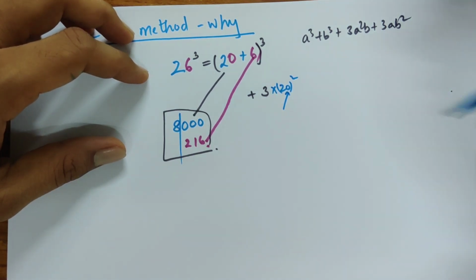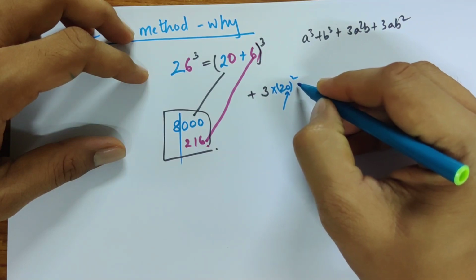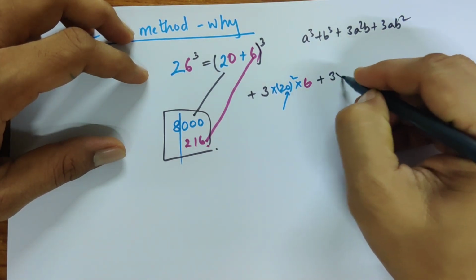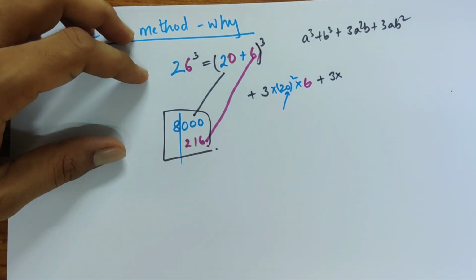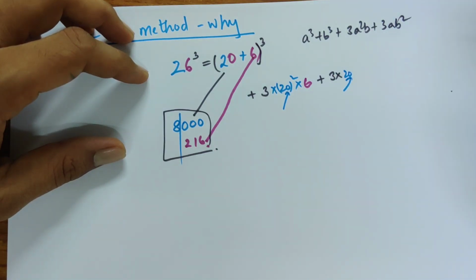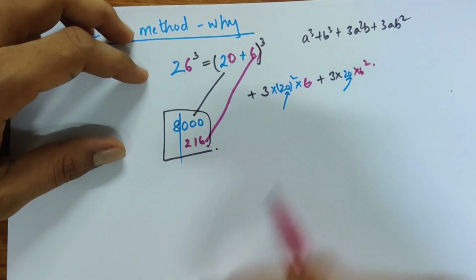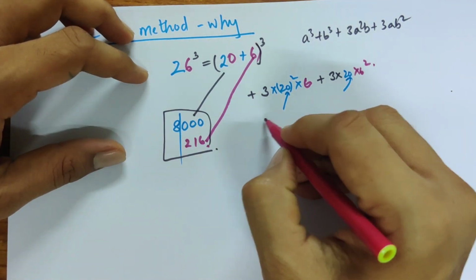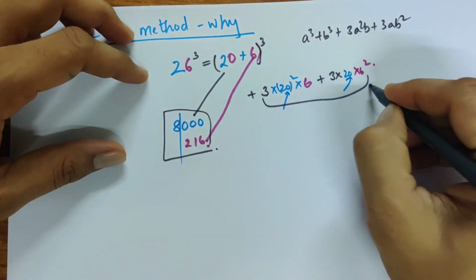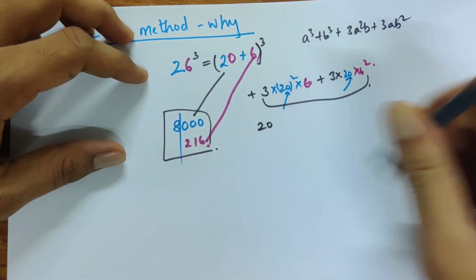And this times b, which is 6 for us, and in addition to that you have 3 times just 20, that has only a single zero, times 6 square. So what we are doing is taking 20 times 6 times 3 out from these, right?